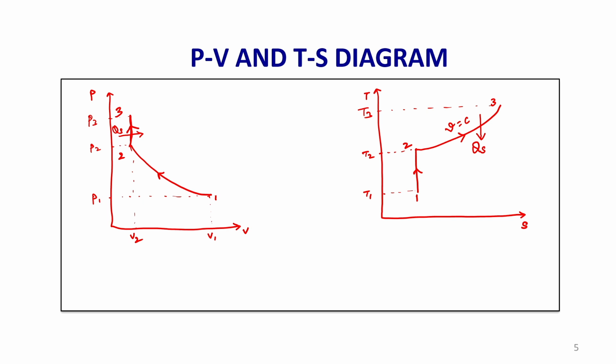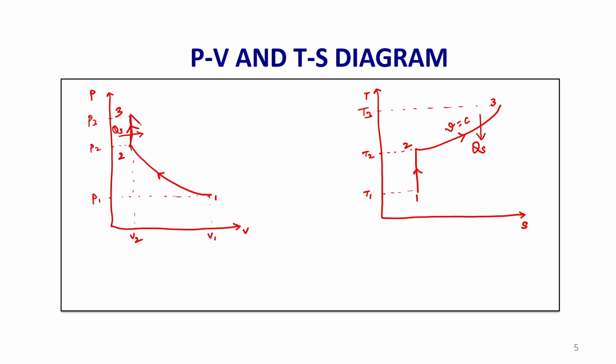Now the power stroke is this one, that is isentropic expansion. 1 to 2 is isentropic compression, so 3 to 4 will be similar to the curve 1 to 2, but the direction will be opposite.